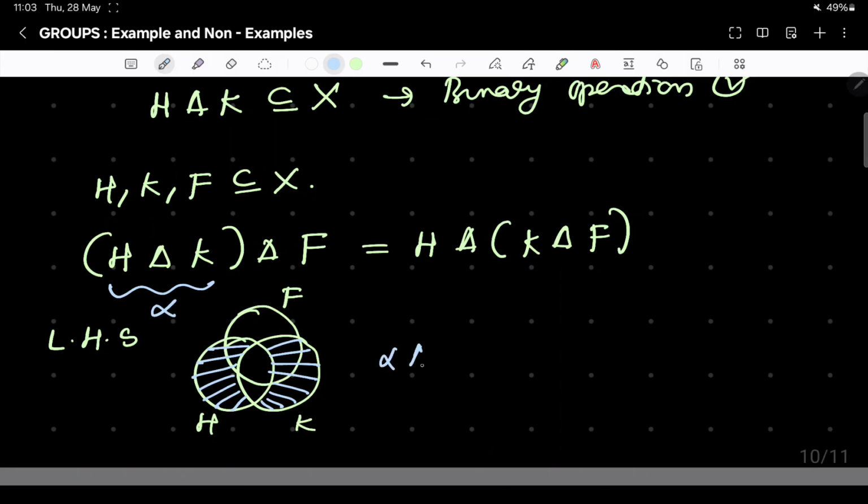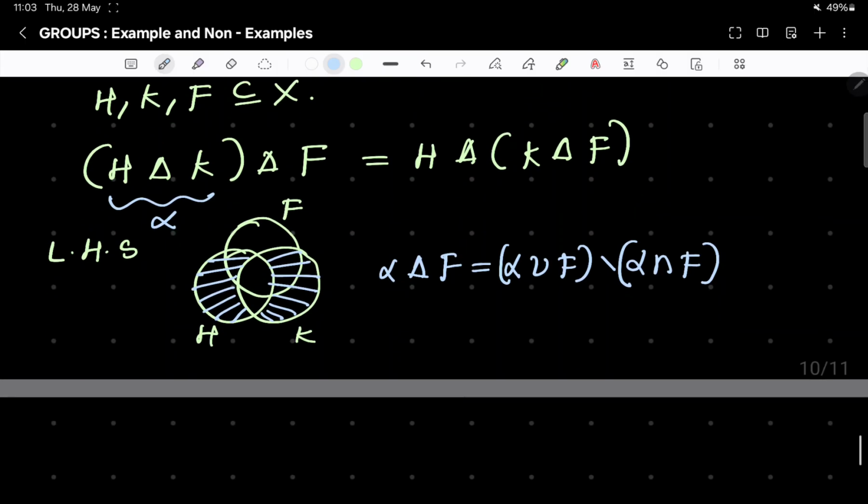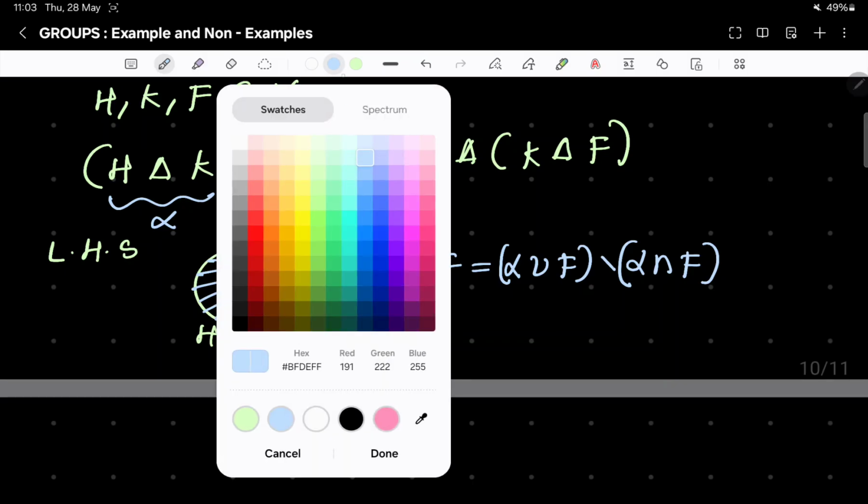So what is alpha symmetric difference F? It is simply alpha union F minus alpha intersection F, right. So you can see what is alpha union F. This is the complete thing that will come.